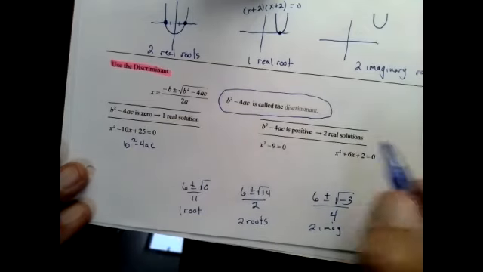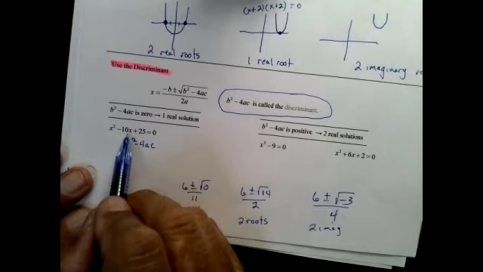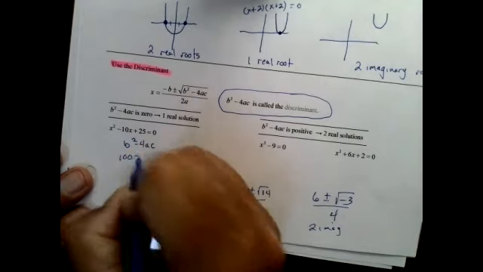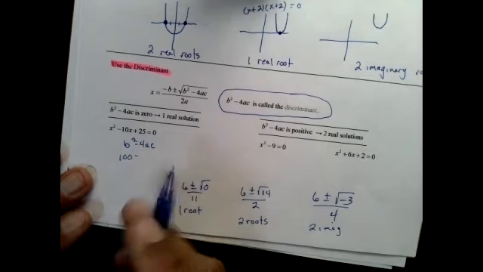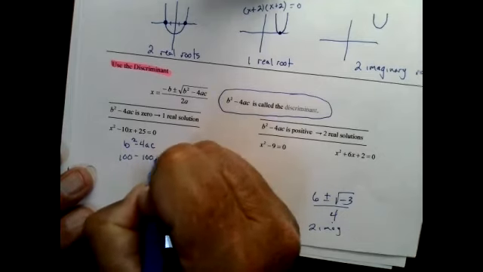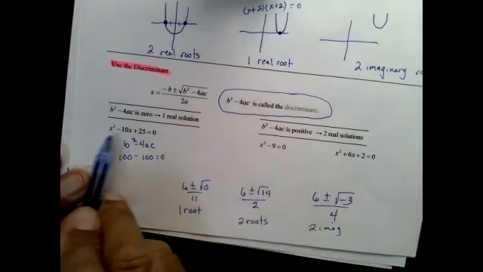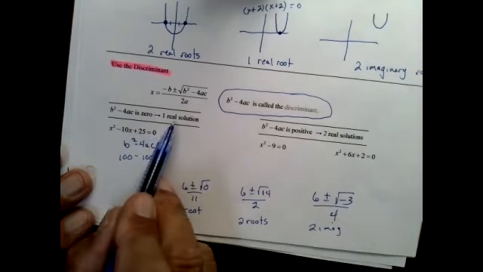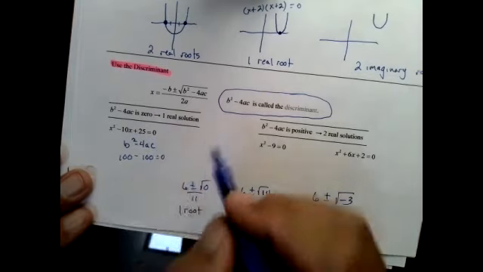That's what I'm looking at. B squared, 100, minus 4 times 1 times 25 is 100. My discriminant is 0. That means this graph, if I went to graph him, I'm only going to have one place where it touches the x-axis. I only have one root.